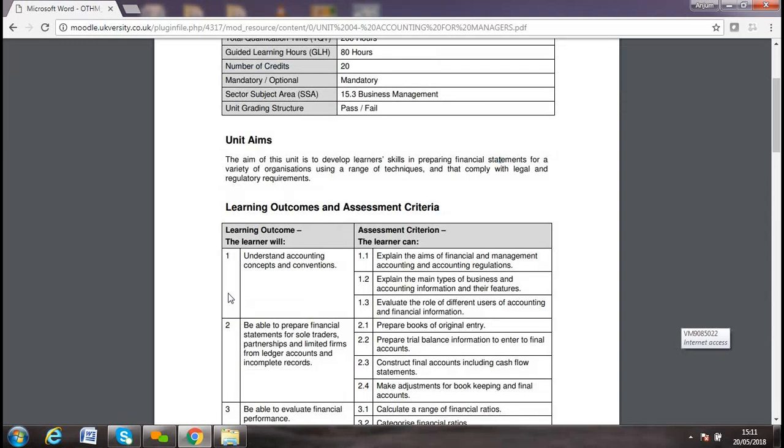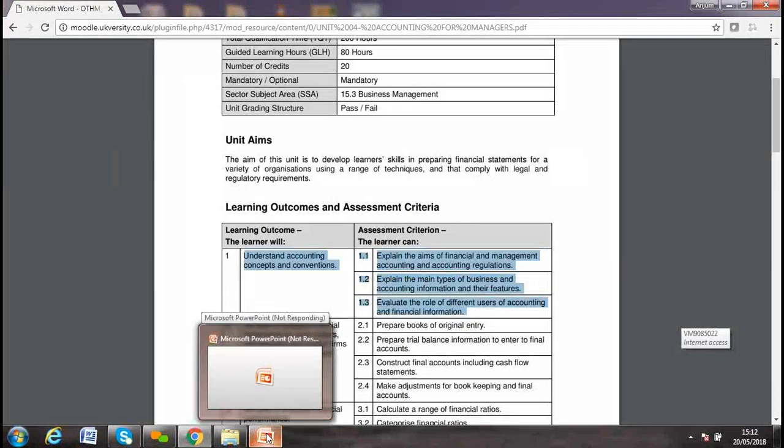It will enable you to explain the aims of financial and management accounting, accounting regulation, the main types of businesses' accounting information and their features, and evaluate the role of different users of accounting and financial information. We'll discuss different users of financial information, how they can use it, where they can get it, and how it can be interpreted from a decision-making perspective. All lessons will be focused on these points.